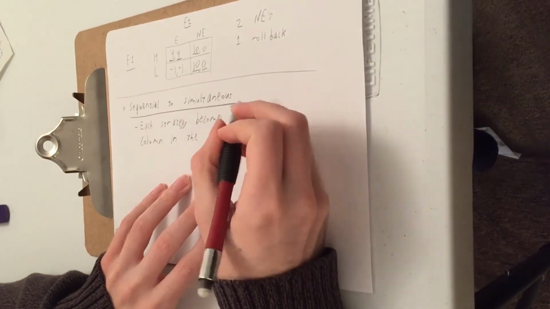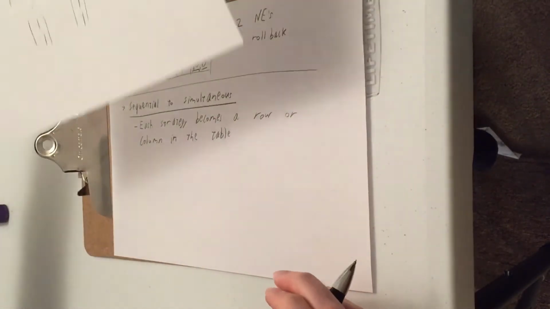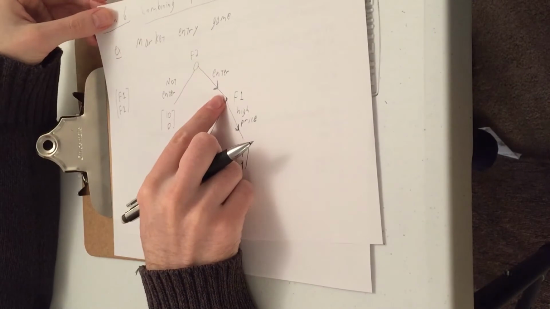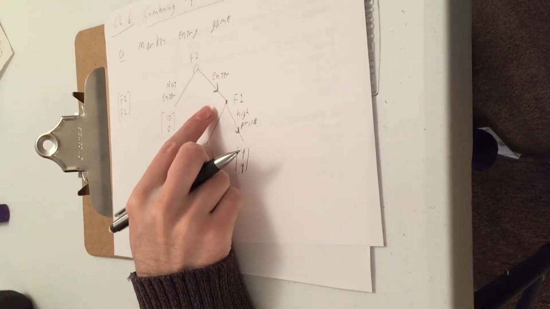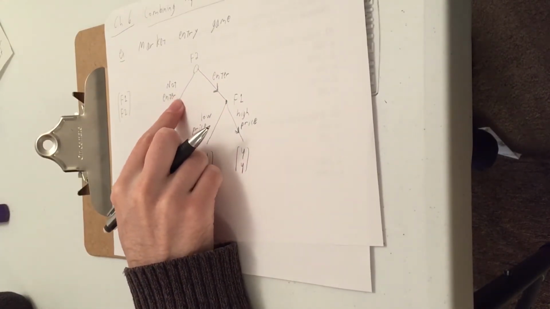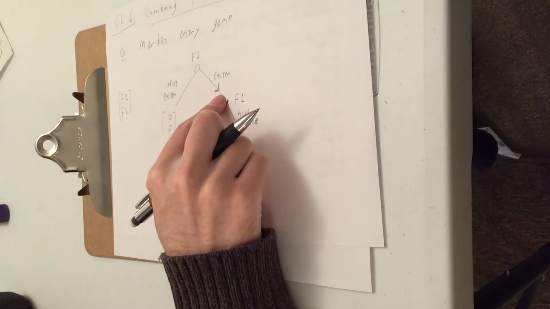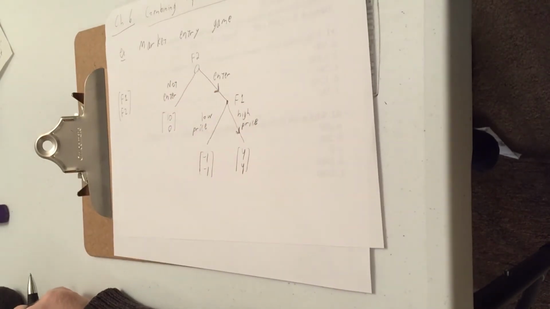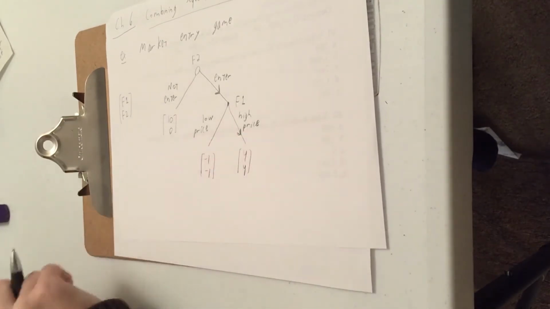So the market entry game is a very simple example of that. Firm 2 had two strategies. That meant we had two columns, one column for not enter, one column for enter. Firm 1 also had two strategies. They could play low or they could play high.